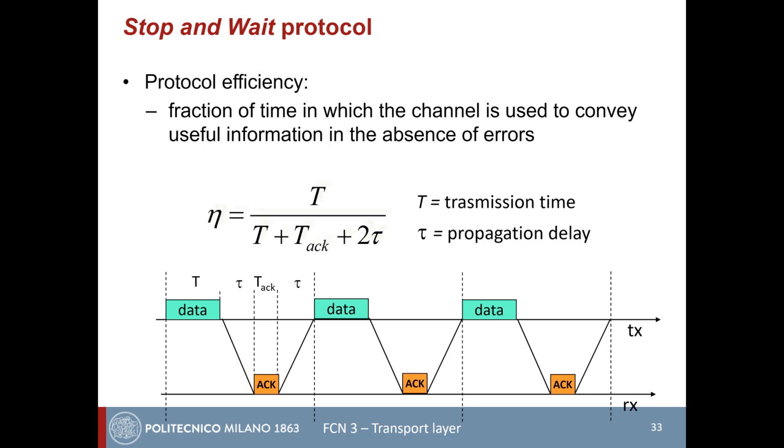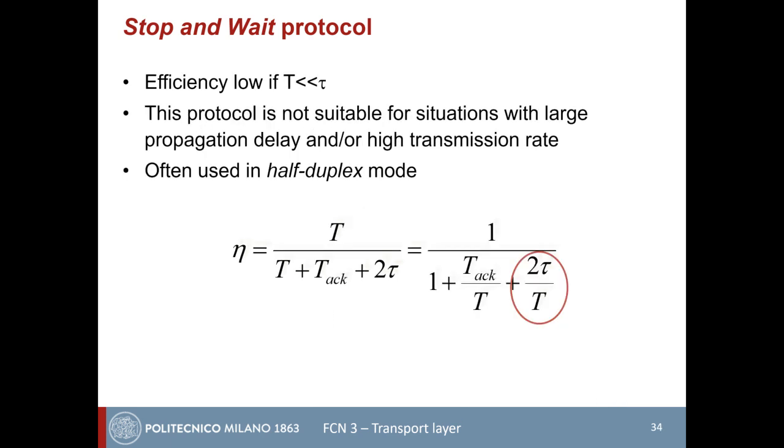The efficiency of the stop and wait protocol is very bad, even when you don't have errors, because if you take out T, so we simplify T from the top and bottom, here we have a term 2 tau divided by T. When the propagation delay is large compared to the transmission delay, this number gets very large, and so the efficiency goes down.